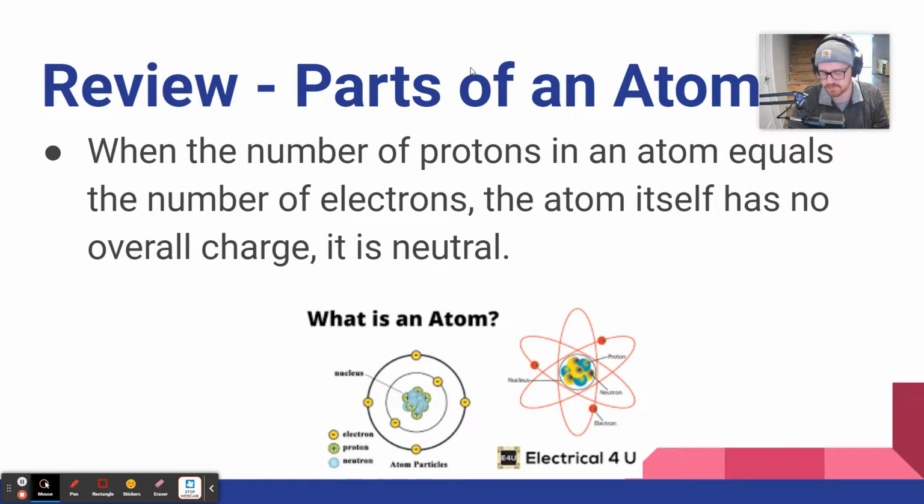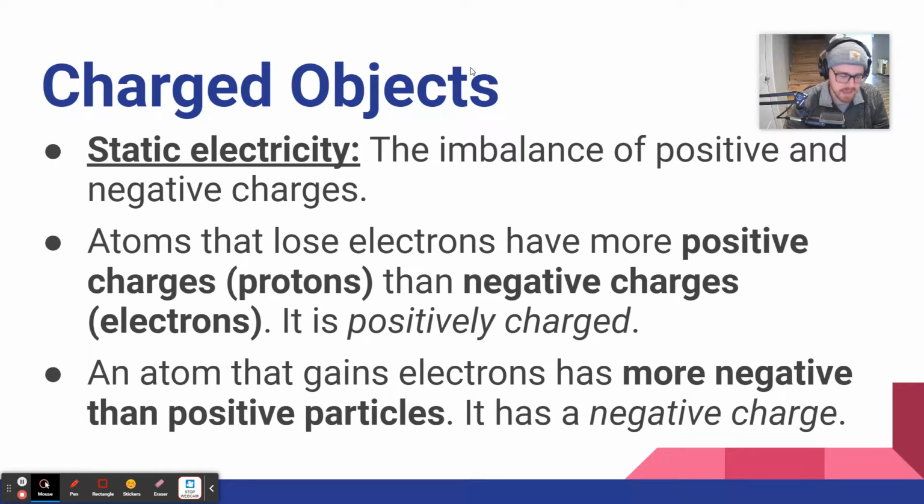If you were to have an imbalance of these electrons, what you create is static electricity. This is the imbalance of positive and negative charges. Atoms that lose electrons have more protons, so they have more positive charges than negative charges.